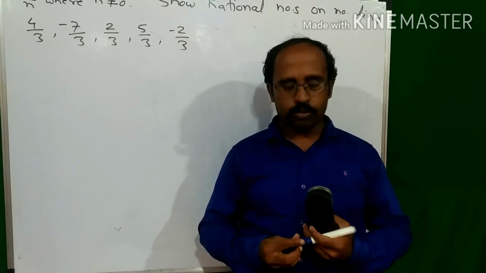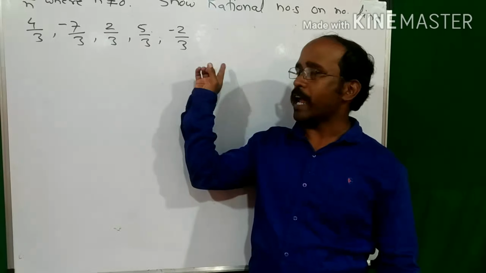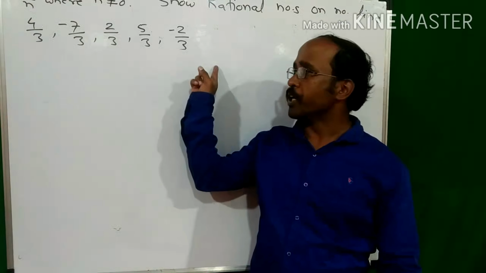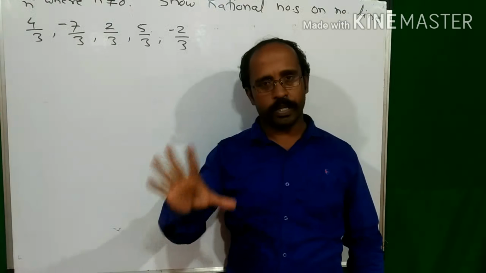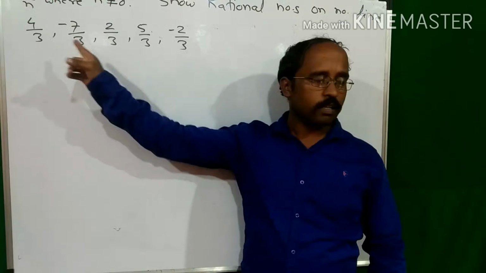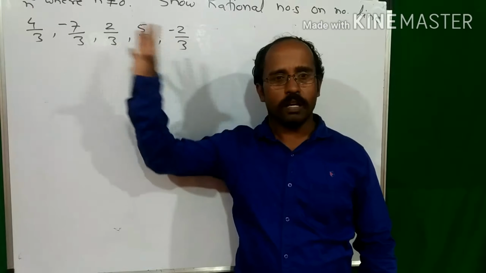Please remember that to show rational numbers on a number line, the denominators of all numbers should be equal. Now in this case, the denominators of all rational numbers are equal.